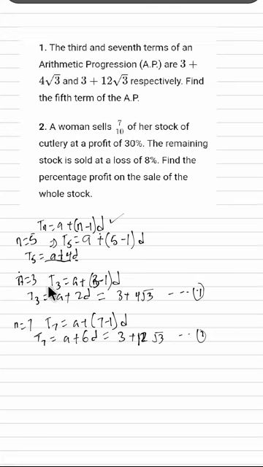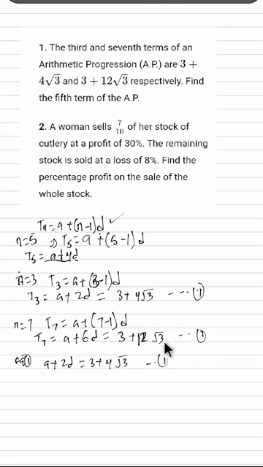So how do we do that? From equation 1 and equation 2, you can write them together. To make it easier, let me write it out. Equation 1: a plus 2d is equal to 3 plus 4 root 3.